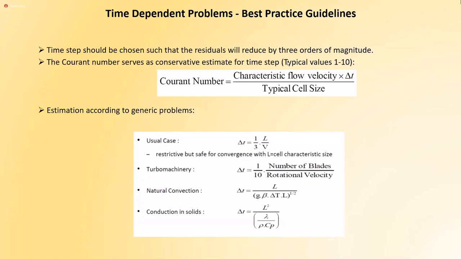But usually what it means is that phenomena cannot go faster than the typical cell size. There are some ways to choose the delta t, but this is less about convergence. What you see here is more about estimation of a time step for generic problems.